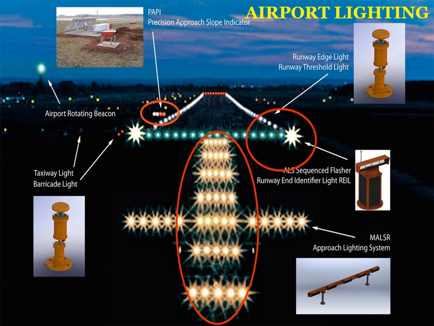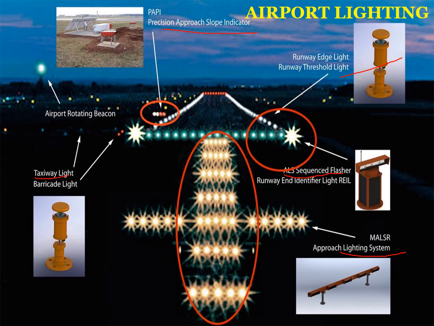Some more figures show the PAPI, that is precision approach path indicator, shown in the above right. This is an indicator. Then you have the runway edge light, threshold light. Then you have the ALS flasher. Then you have the approach lighting systems.